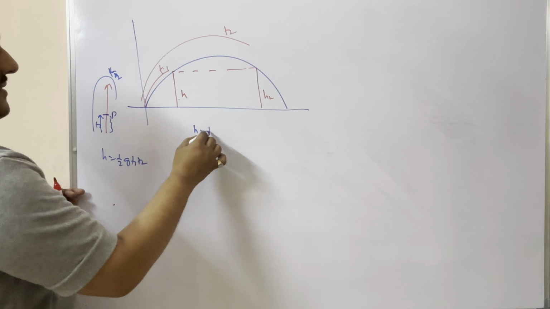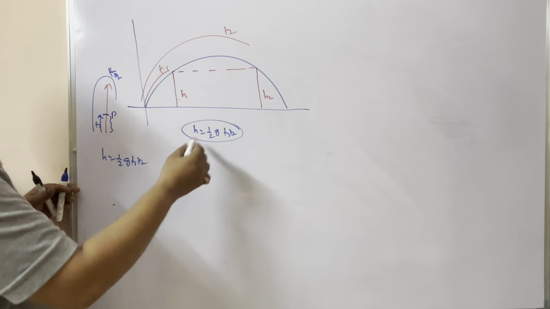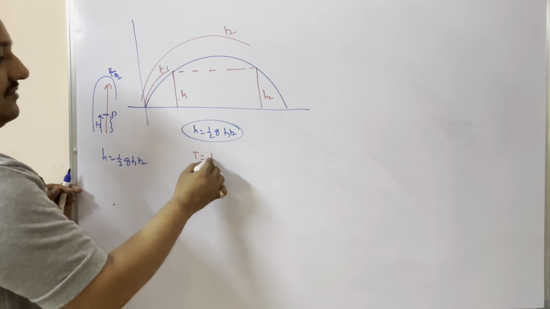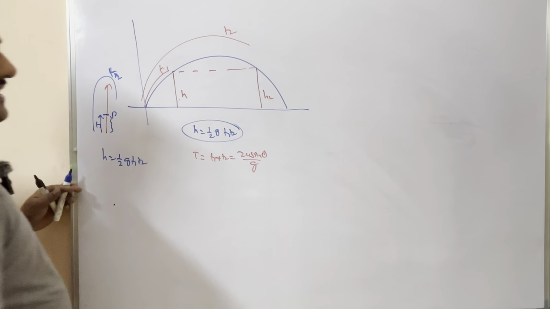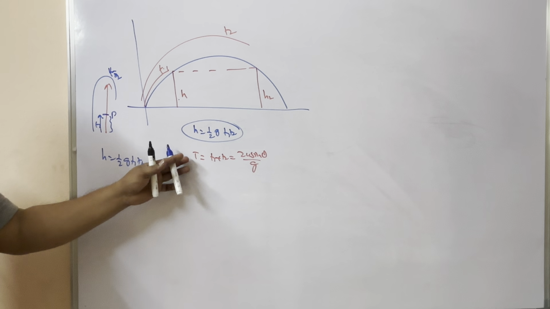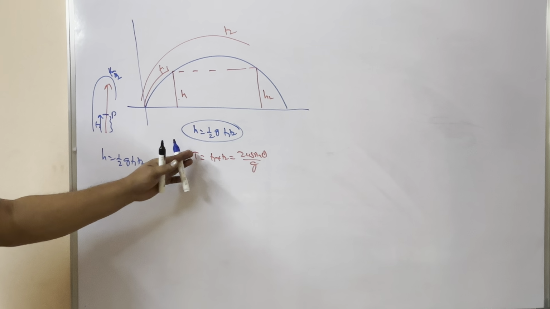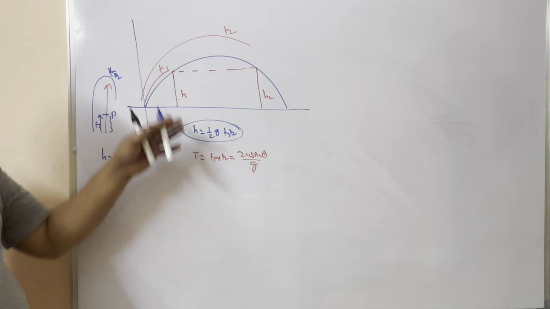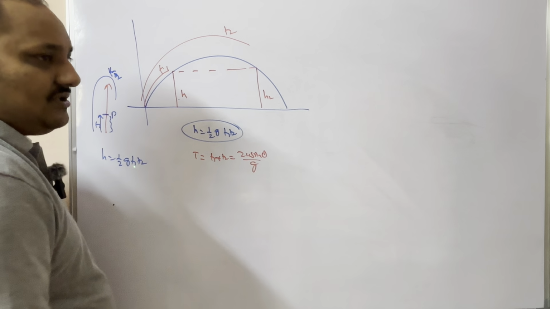Here also you will get the same equation, half g T1 T2. So what is the total time they will ask? T is equal to T1 plus T2, which is going to be 2u sin theta by g. So these relations you will get from a vertically projected body, and the same relations we get by using projectile. So by using these equations, you can almost solve projectile motion.